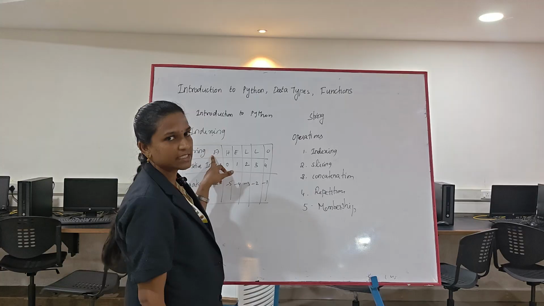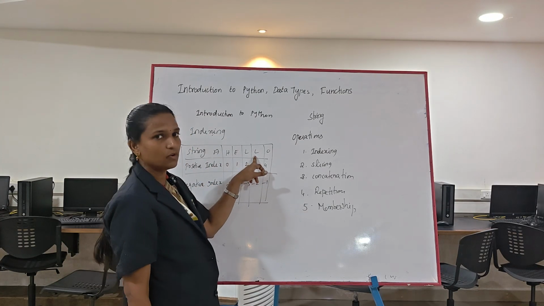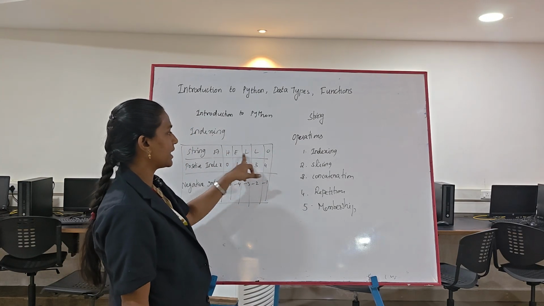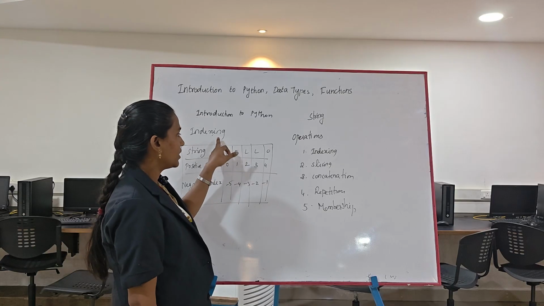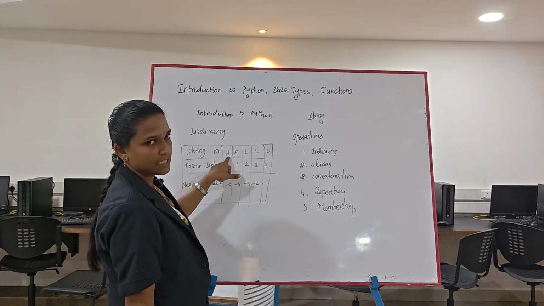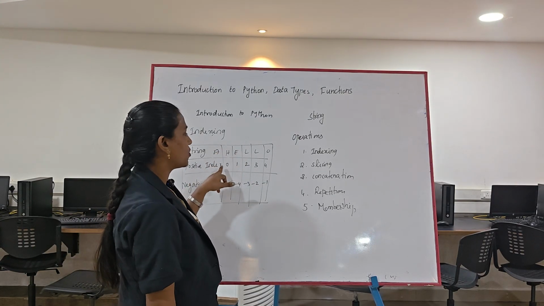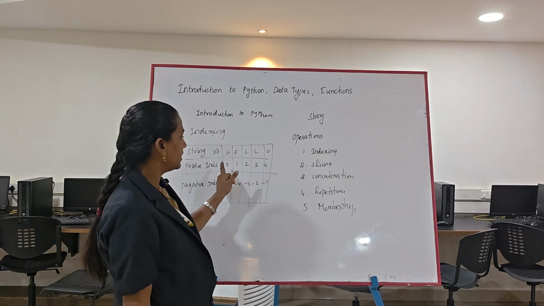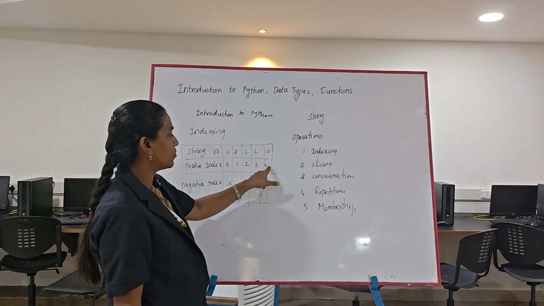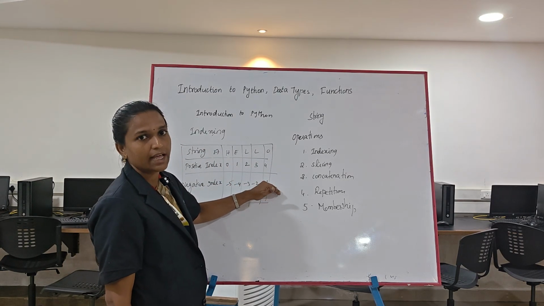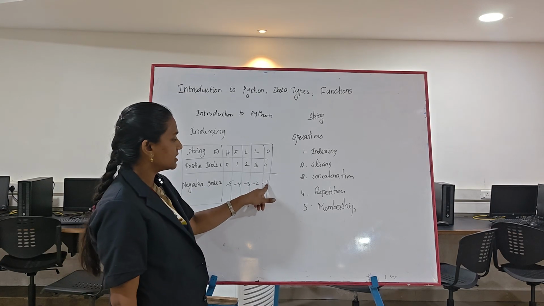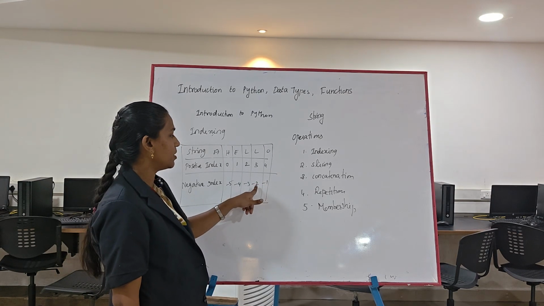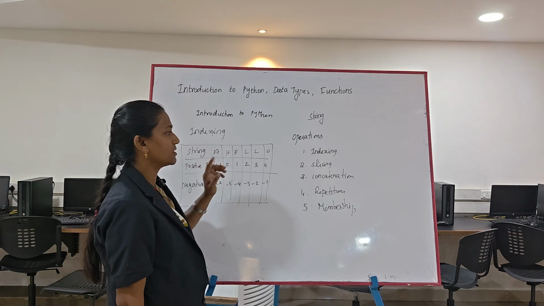So this is the example string A. It consists of hello. We have given the group of characters enclosed in the quotation mark, that is hello. This is the string, the string name is A, and the positive index starts from the beginning. That means 0 1 2 3 4. With the negative index, we can access the string from the last. That means it starts from the last, minus 1, minus 2, minus 3, minus 4, minus 5.